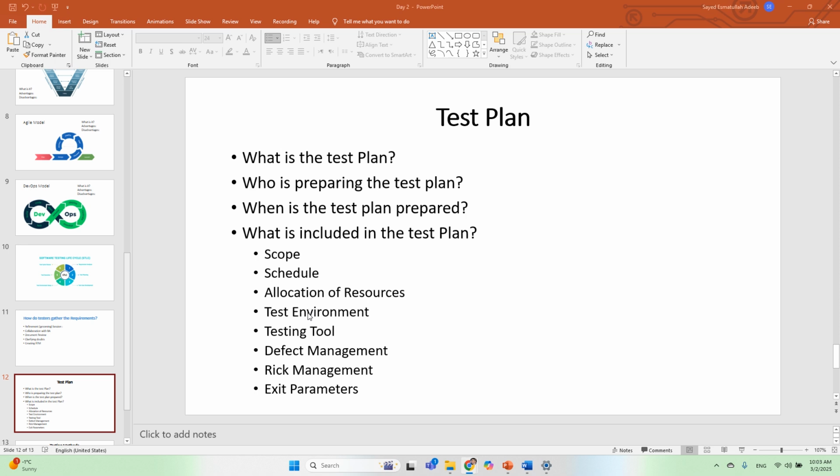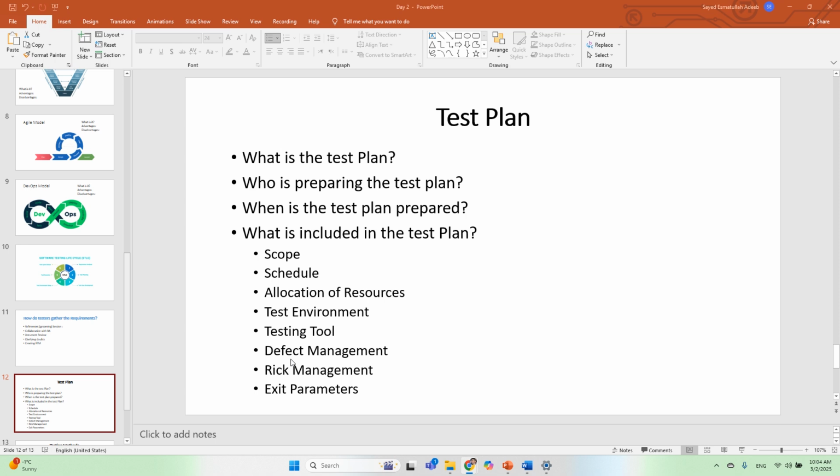So the test environment describes in depth what capabilities it has and what the limitations of the testing environment are. Testing tools specify the resources that will be used for testing. For example, what tools are used for issue tracking or bug defects, and what testing tools are used for test execution.